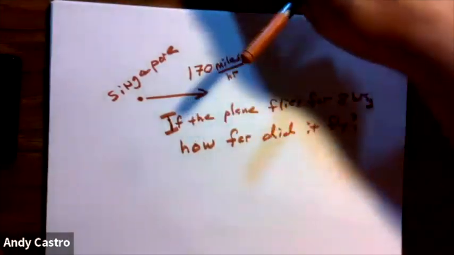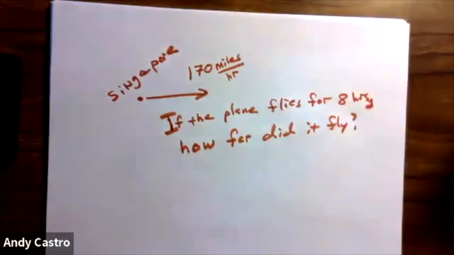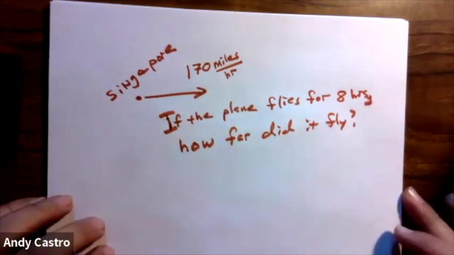All right, that's the question that we are going to answer. A plane leaves Singapore going 170 miles per hour. And if the plane flies for 8 hours, how far did it fly?